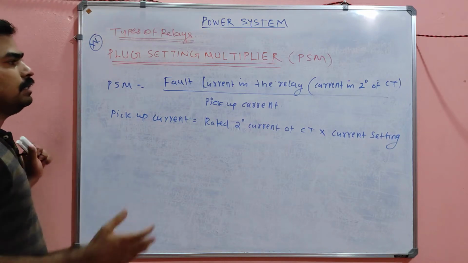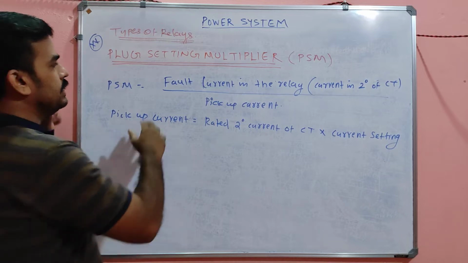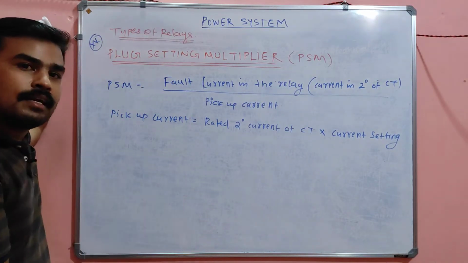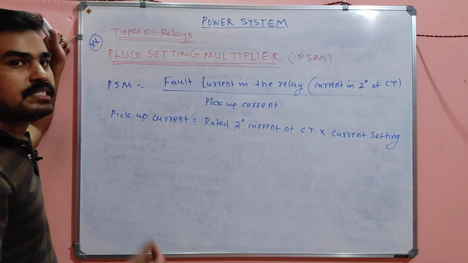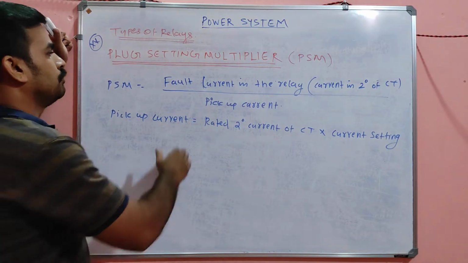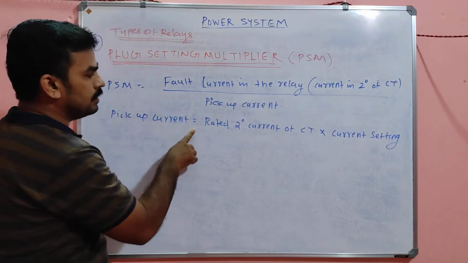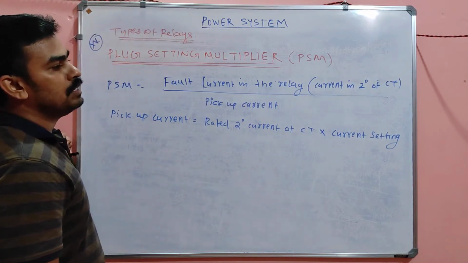So plug setting multiplier is the ratio of the fault current in the relay, that is, in the secondary of the CT, which means the relay coil, divided by the pickup current. Again the pickup current is the rated secondary current of the CT into the current setting.